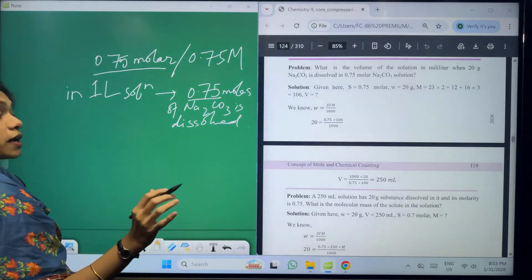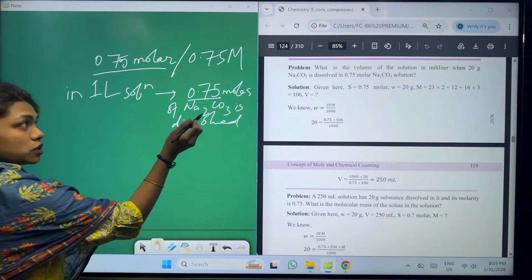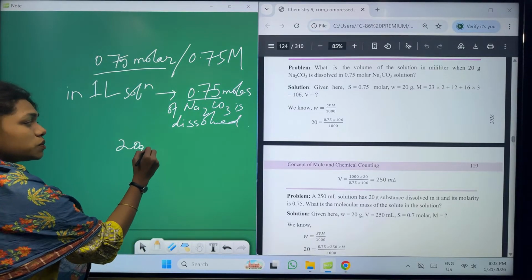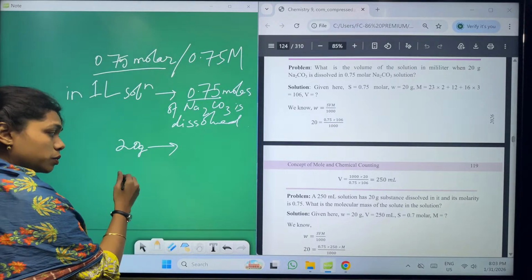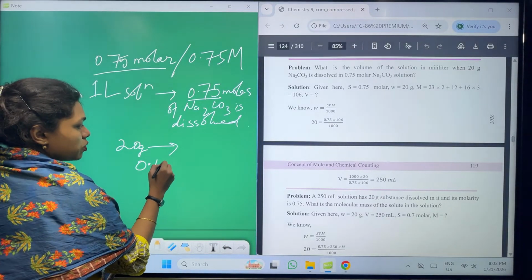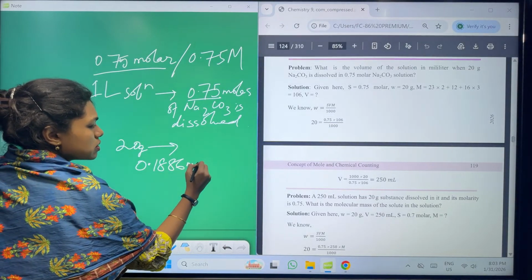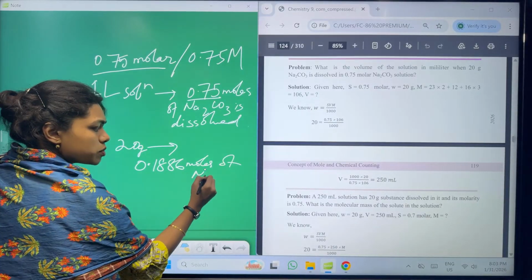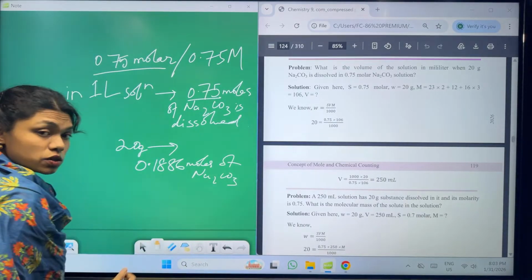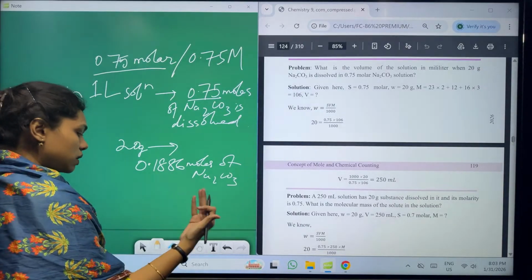Therefore, now we have 20 grams of Na2CO3. So 20 grams of Na2CO3 was how much mole? From the previous math, we can understand that there was 0.1886 moles of Na2CO3, right? So we can use this in a unitary method.